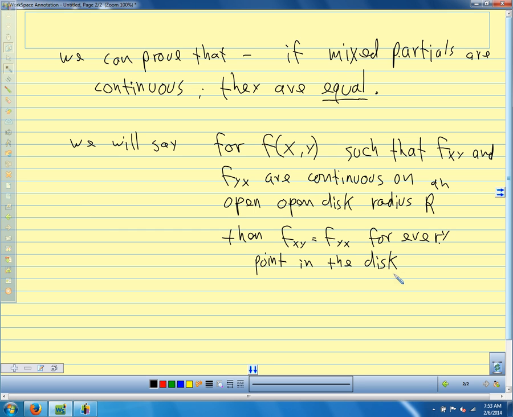So what we're saying here is as long as in some area of the plane our second partials are continuous, then our mixed partials are going to be equal in that disk in the plane.